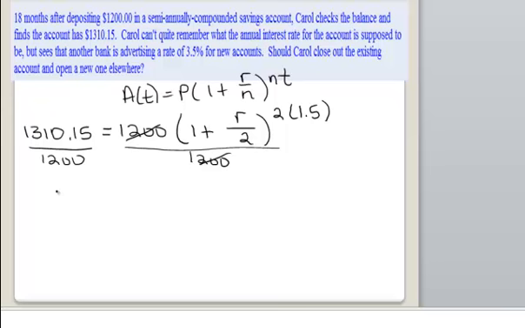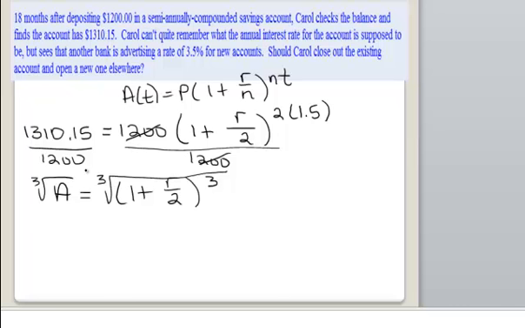So right now I have A is equal to 1 plus R over 2 to the 2 times 1.5, which is 3. Well, to get rid of this 3, I need to take the cube root of both sides. The cube root is the same thing as to the power of 1/3.